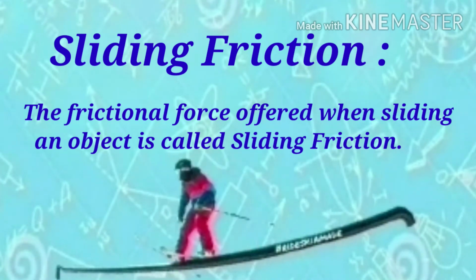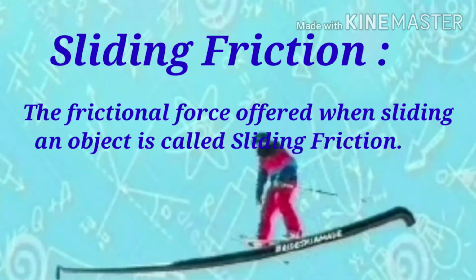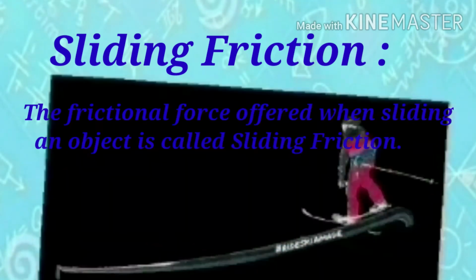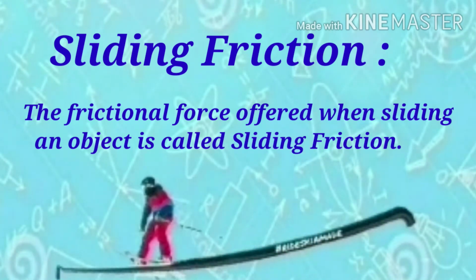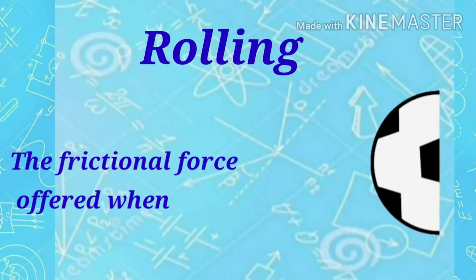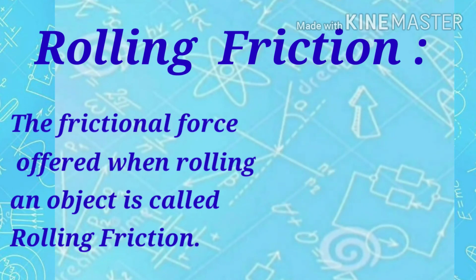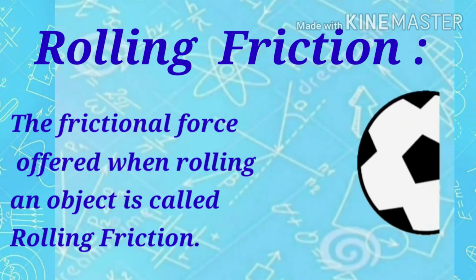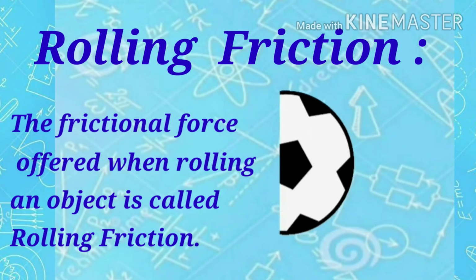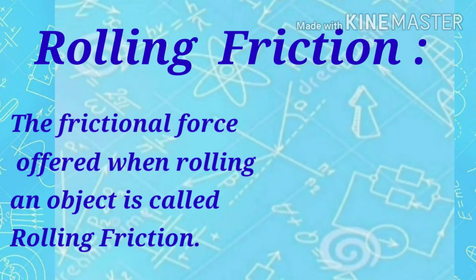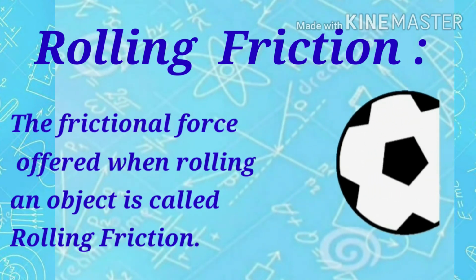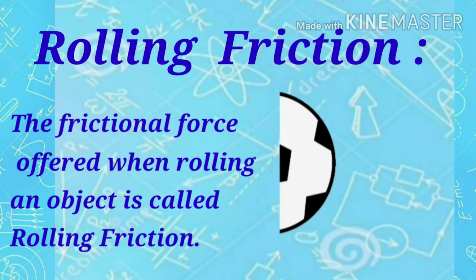The frictional force offered when sliding an object is known as sliding friction. Rolling friction. The frictional force offered when rolling an object is called rolling friction. For example, a ball rolling on a surface.